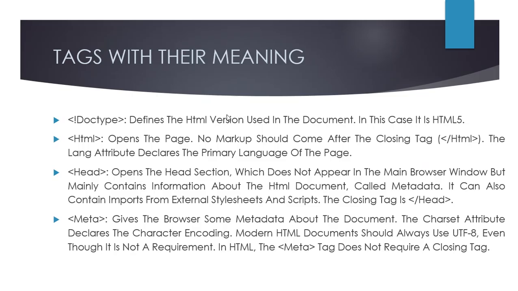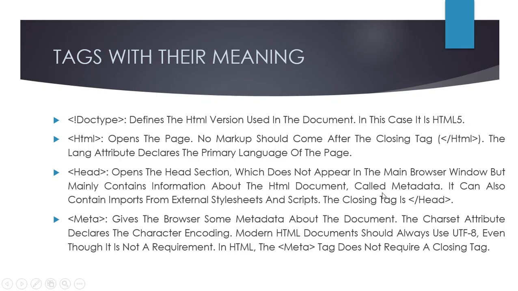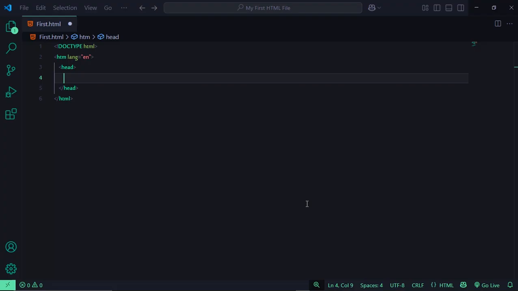It is just data in the back, which does not appear in our browser window. It's called metadata, and it can also contain imports from external sheets and scripts. We can also import our CSS files here in the head section.